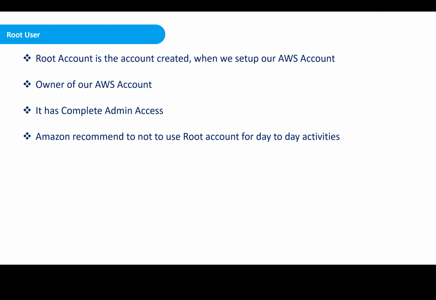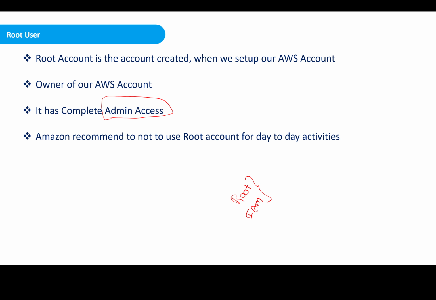And coming to the users, we have already seen there are two types of users, a root user and an IAM user, right? Root user is the owner of the AWS account. Whenever we create the AWS account, the first account which gets created with your email address is called the root account. He is the owner. They get full control on the AWS account. And AWS never recommends using the root account for your day-to-day activities.